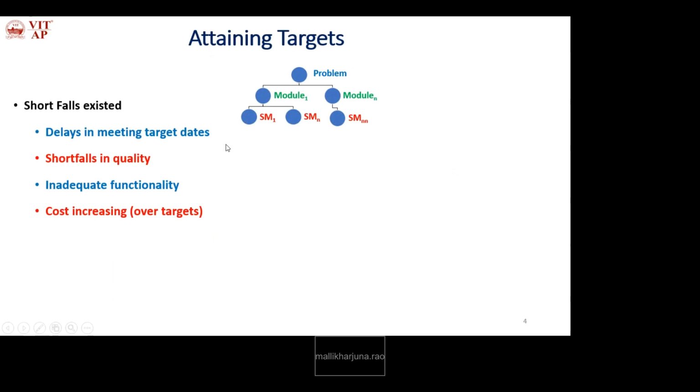So we find the lower level elements called objects. What do you mean by objects? An object is a real world entity. So we are trying to find the various real world entities that exist in the problem statement.